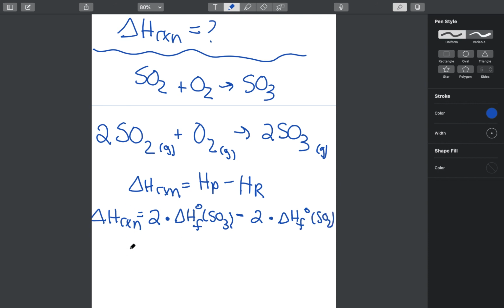And this will give us the heat of reaction. Remember that the heat of formation for O2 is 0. So when you substitute those in, 2 moles times negative 395.2 kilojoules per mole, let's just put our units there so we could just see them cancel out.